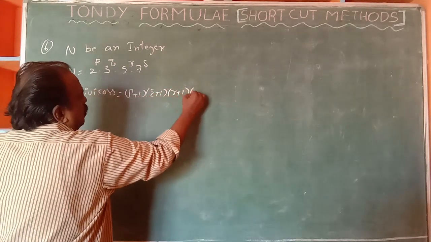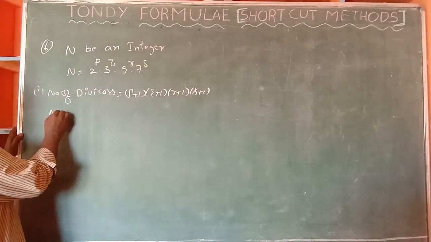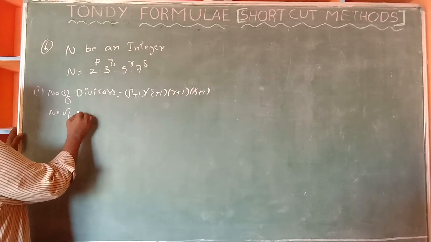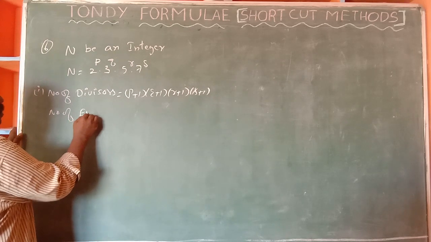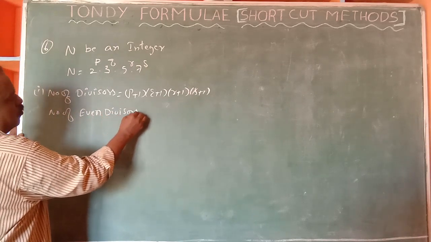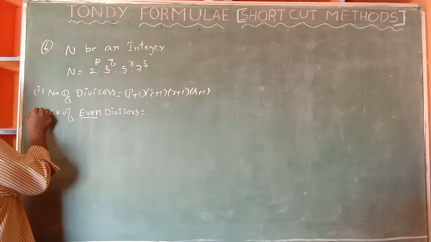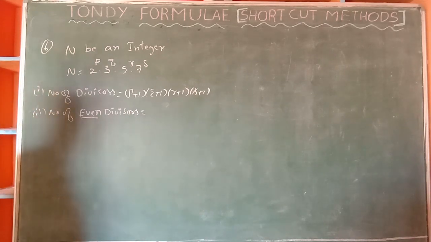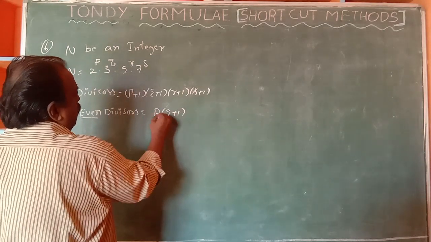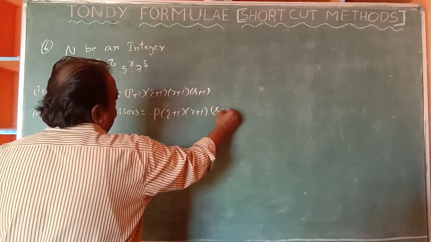Next, the number of even divisors. If we are asked for the number of even divisors, it is p into (q plus 1) into (r plus 1) into (s plus 1).